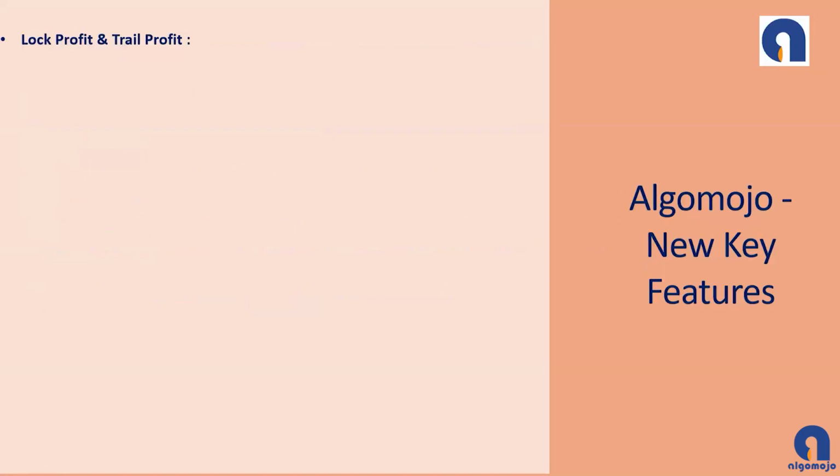Looking at some features, this is another feature that we have recently launched. It's called locking your profit. I'm sure everybody is aware of M2M and P&L. For day traders, M2M is more relevant. For people who do positional or swing trades, you would like to look at the overall profit or loss.